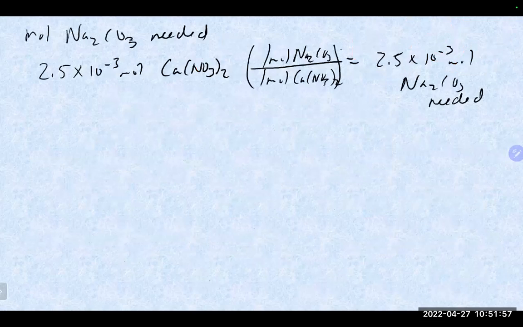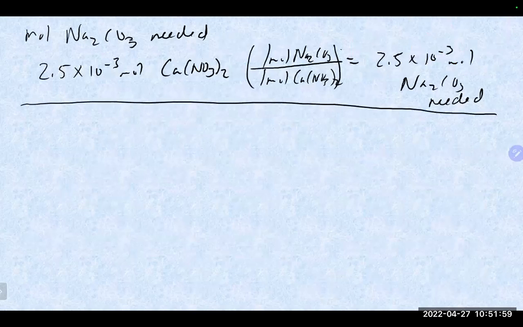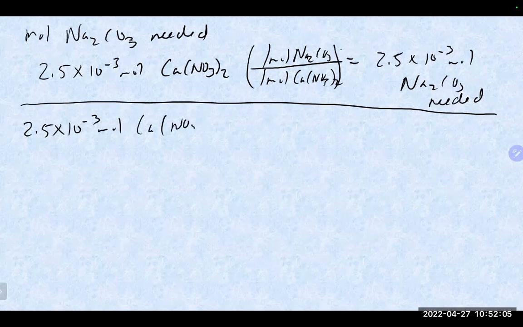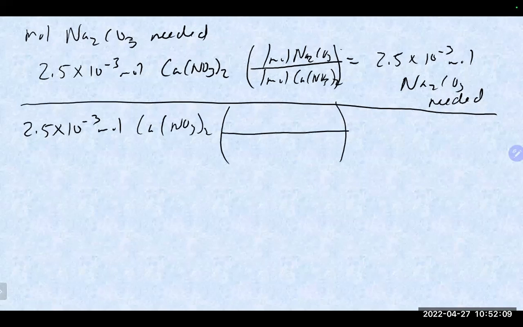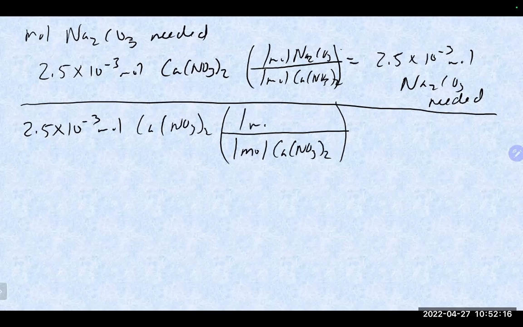So using our limiting reagent, 2.5 times 10 to the minus 3 moles of our calcium nitrate, doing our mole-to-mole relationship from the balanced equation, 1 mole of calcium nitrate gives us 1 mole of our calcium carbonate, and that gives us 2.5 times 10 to the minus 3 moles of our calcium carbonate.